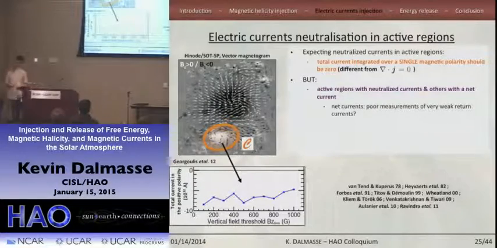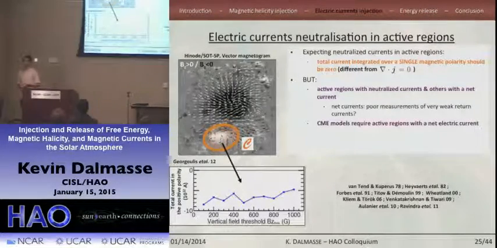But on the other hand, return currents tend to be much weaker and much more spread than the direct currents. So it's possible that net currents in active regions simply arise from the fact that you have a very bad precision on the return currents, and your measurements of return currents are very poor. Now, on the other hand, CME models require a net electric current.